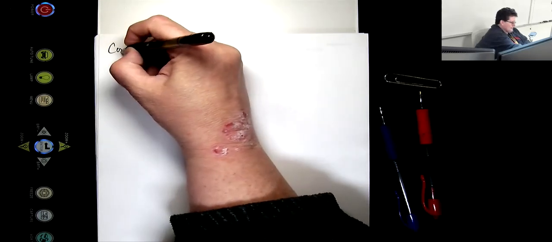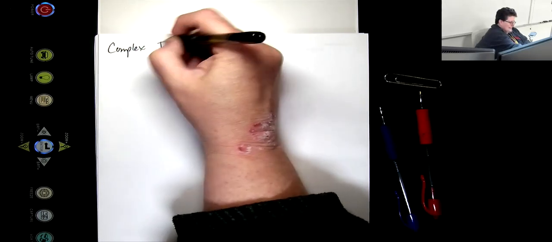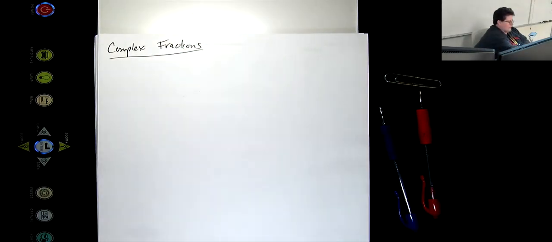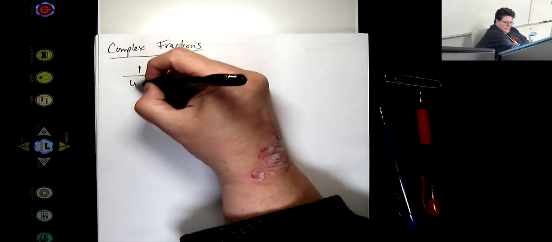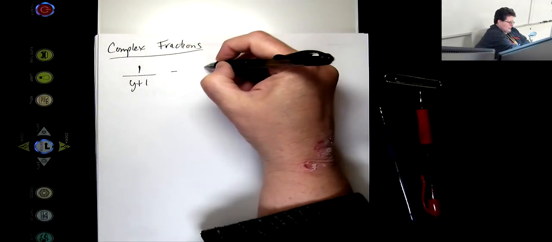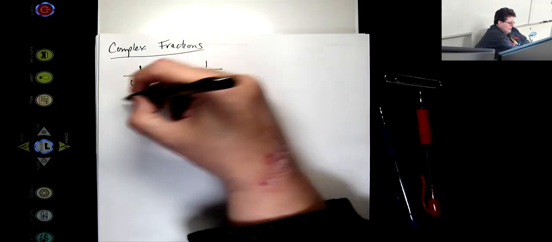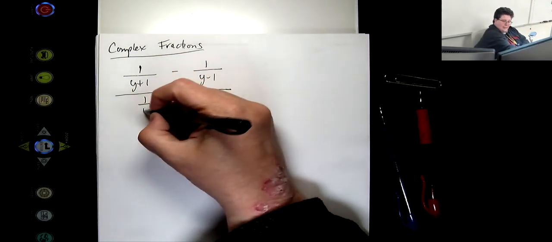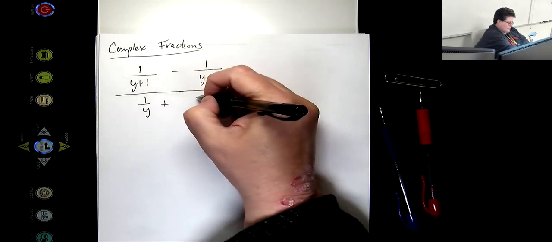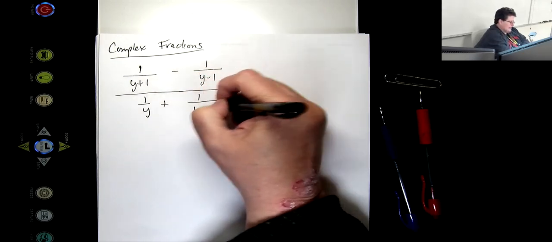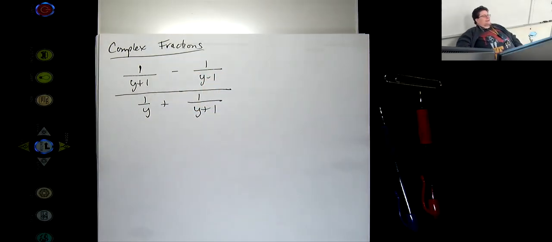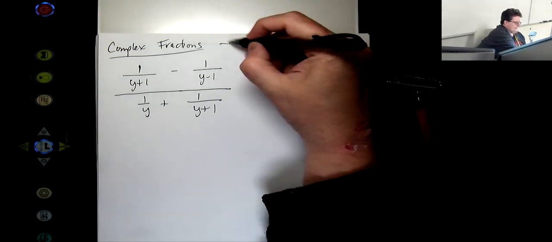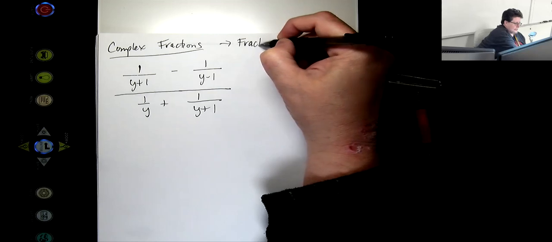Complex fractions is the nasty. 1 over y plus 1 minus 1 over y, all over 1 over y plus 1 over y plus 1. I got fractions within fractions. That's what complex fractions means. Fractions inside other fractions.